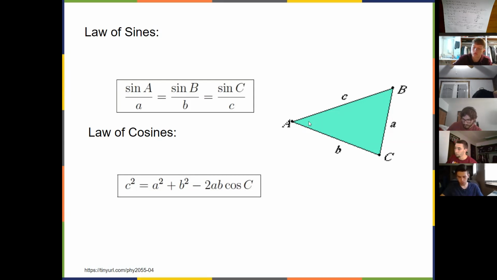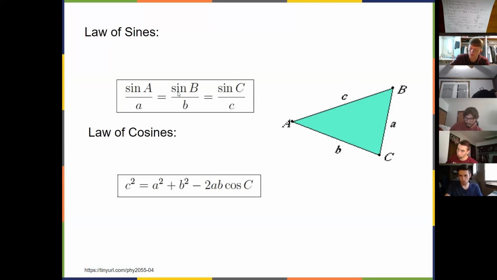So a is the length opposite to angle A, b is the length opposite to angle B, and c is opposite to angle C. The law of sines says sine of angle A over the opposite side, so sin A over a, should be equal to sin B over b, should be equal to sin C over c.